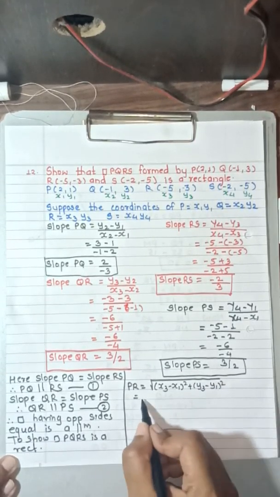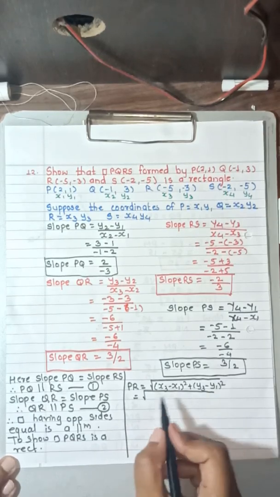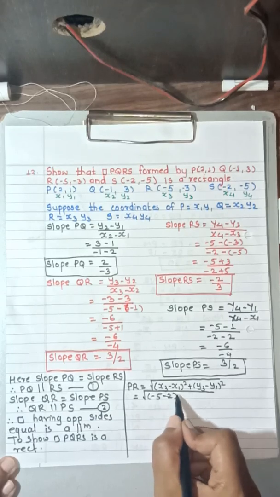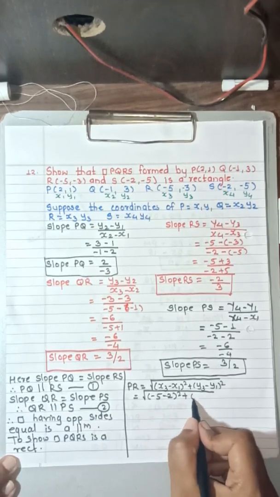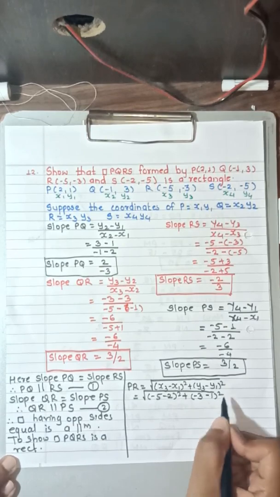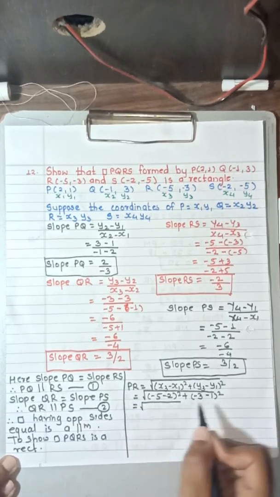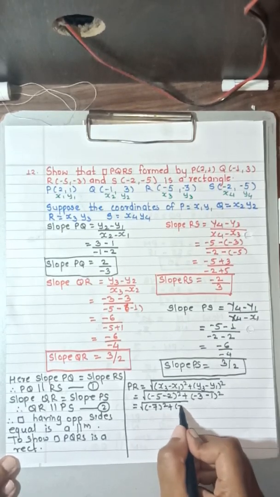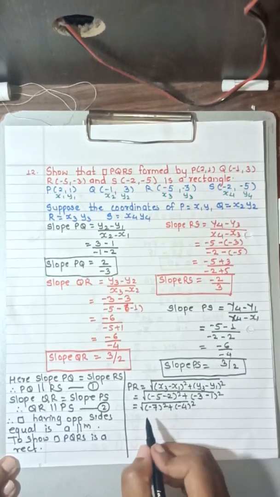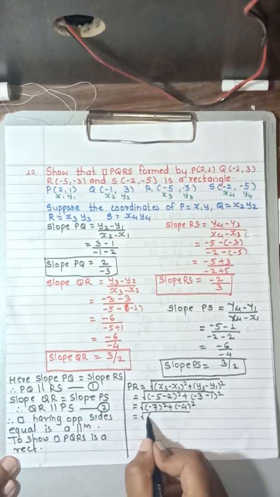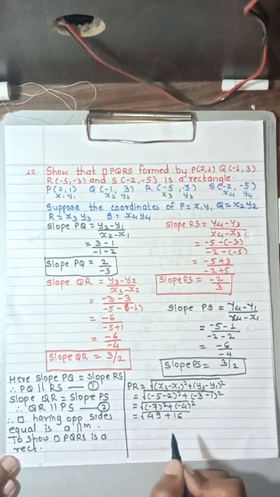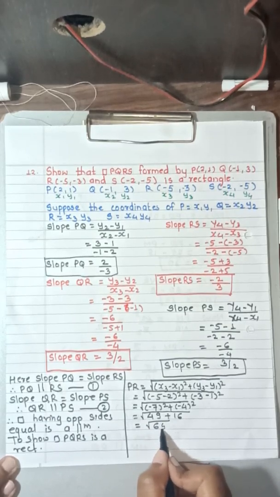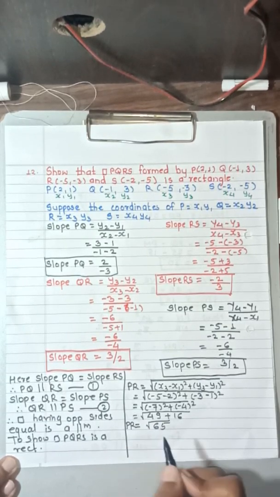Okay, that will be equal to under root of, so x3 is minus 5, x1 is minus 2 bracket square plus minus 3 minus 1 bracket square. This will be equal to under root of minus 7 square plus minus 4 square. Okay, this will be equal to under root of 49 plus 16. This is equal to under root of 65. Root 65. PR is equal to root 65.